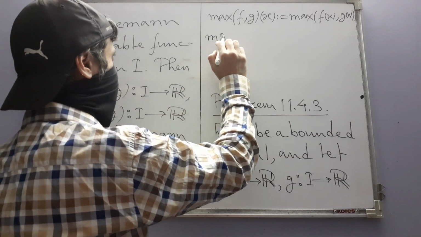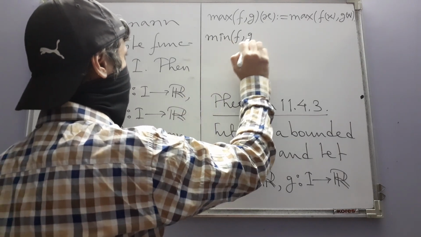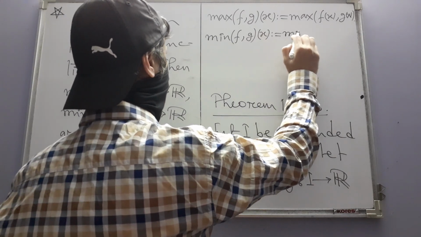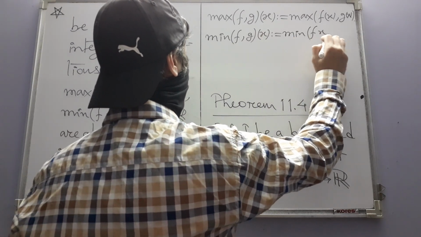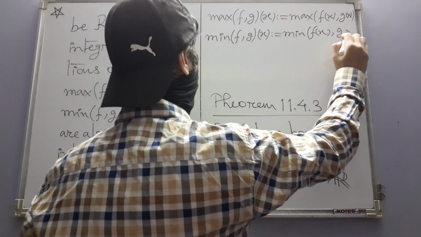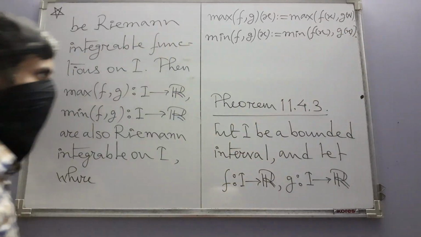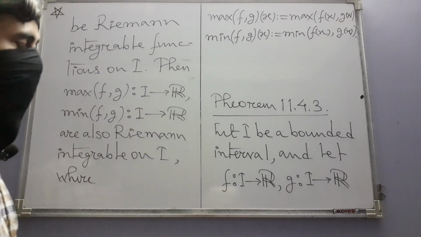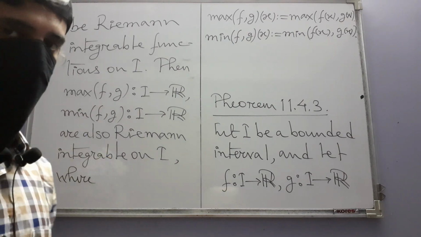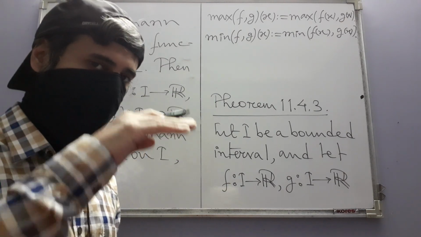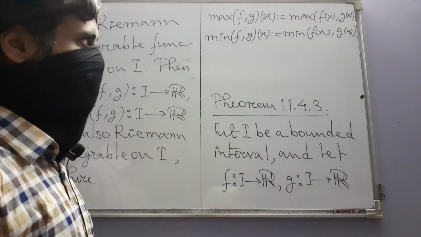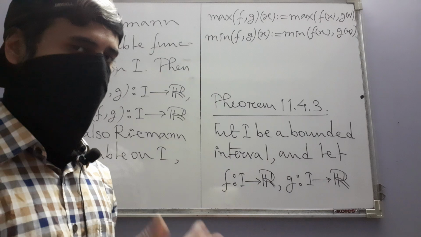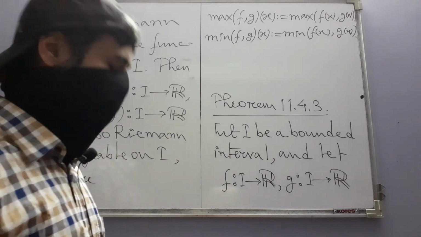Similarly, this is the minimum, at every input x coming from our interval I. Okay, now its proof is not an exercise. Its proof is there in the text, in the body of the text itself. We are, however, not going to see the proof today. We will see it in the next video.